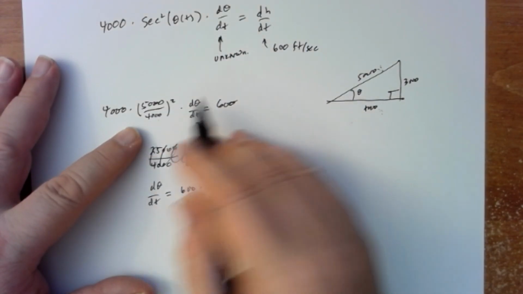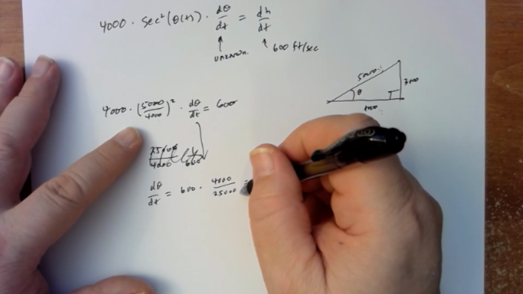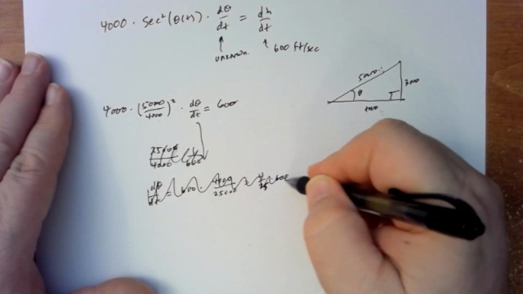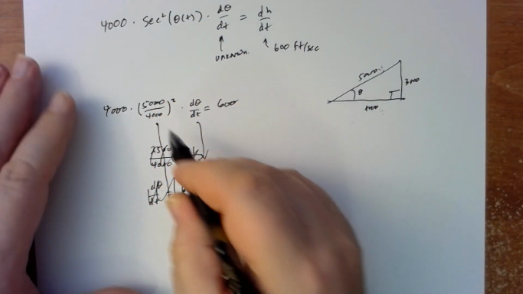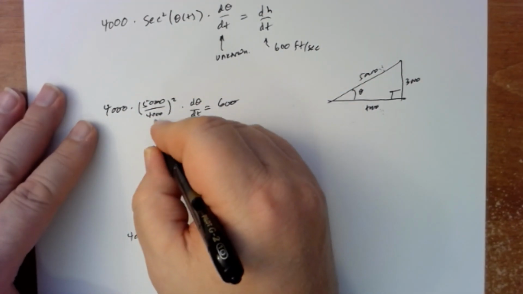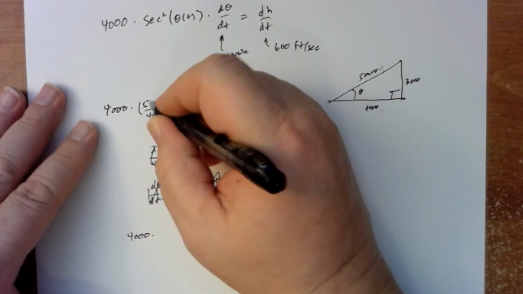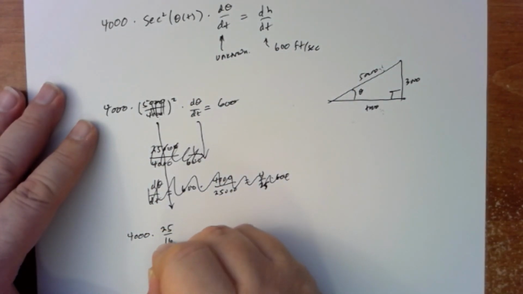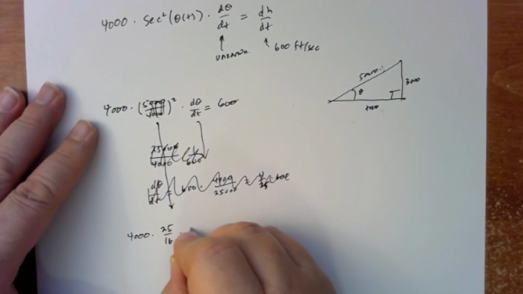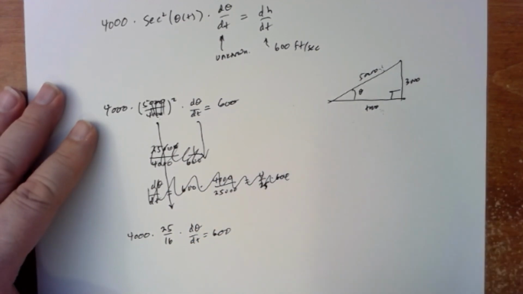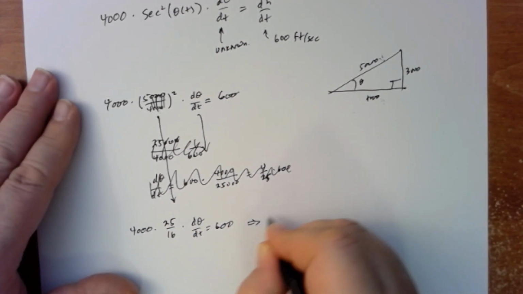Because 5,000 squared isn't 25,000. So let me redo that. In fact, let me simplify that before we go any further. So 4,000 times, now this is 5/4 squared, so you can just cancel off those thousands. So that's going to be 25 over 16 times d theta over dt equals 600. That's easier to do.